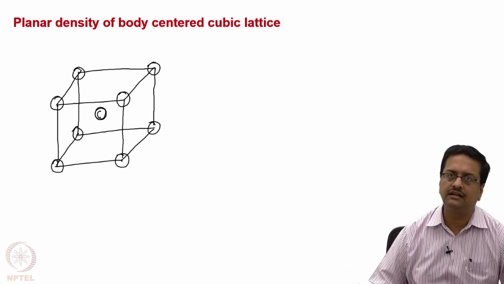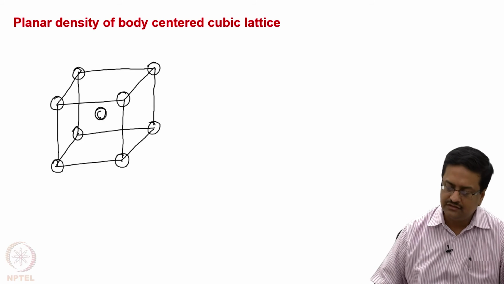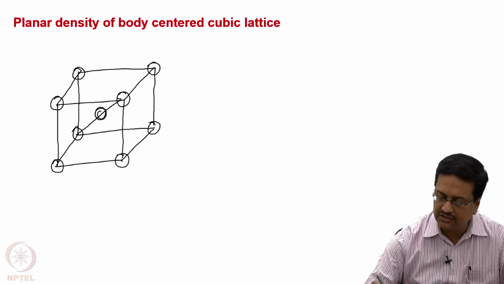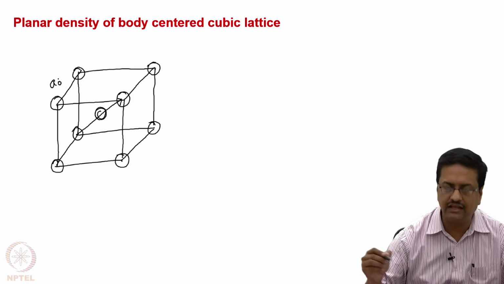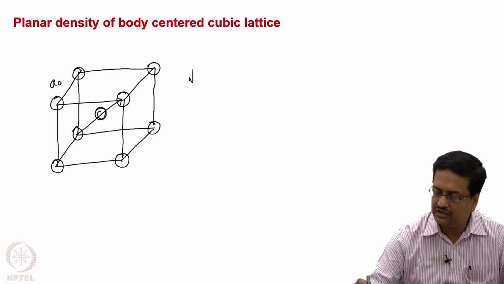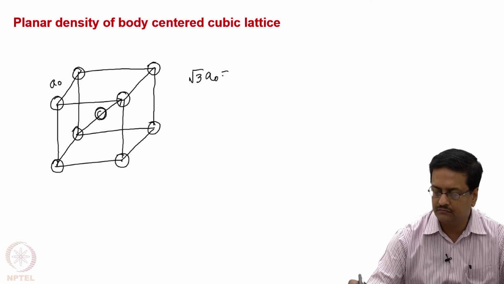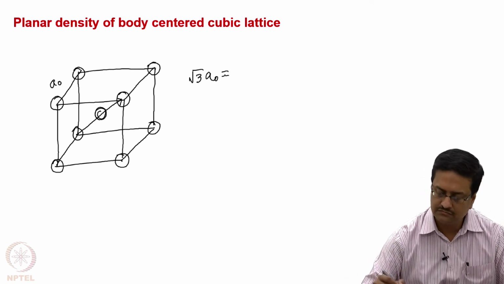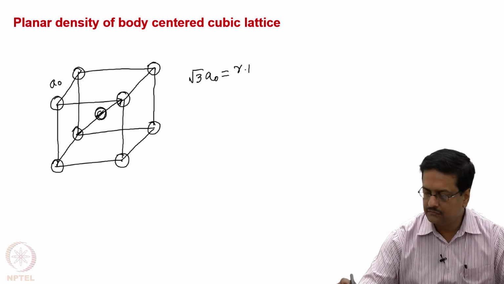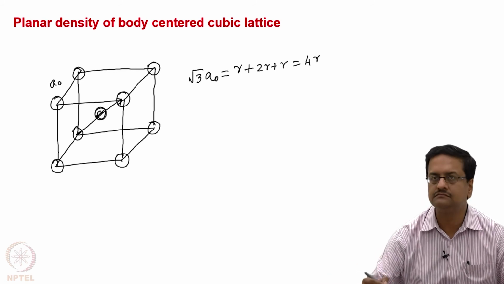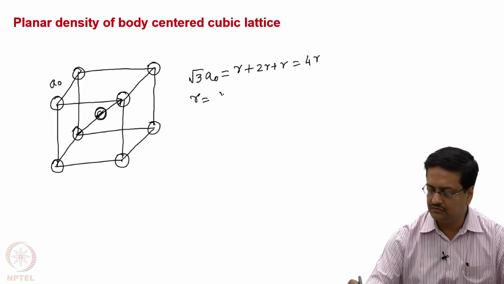In case of body-centered lattice, what is the close pack direction? The close pack direction is the body diagonal. So if the edge length is a0, the body diagonal is root 3 a0, which is equal to r plus 2r plus r, which is equal to 4r.